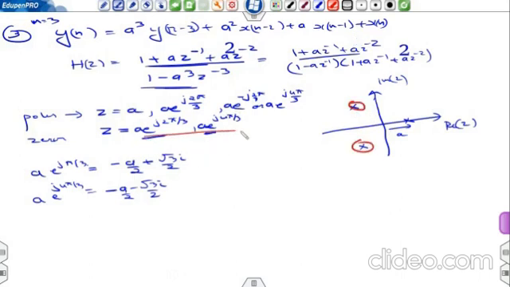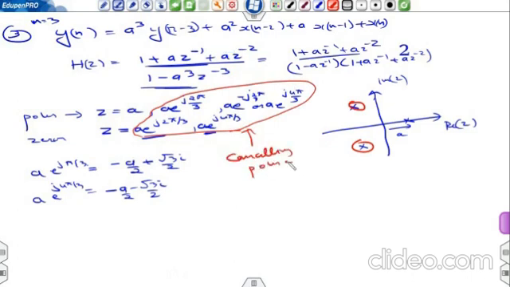Okay, so these are cancelling poles and zeros.